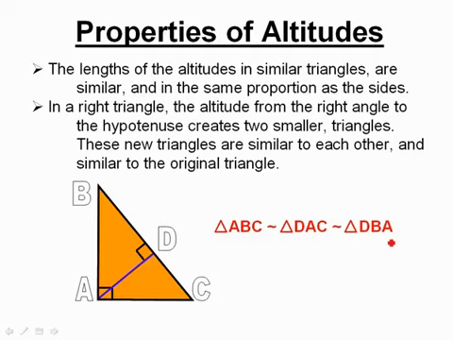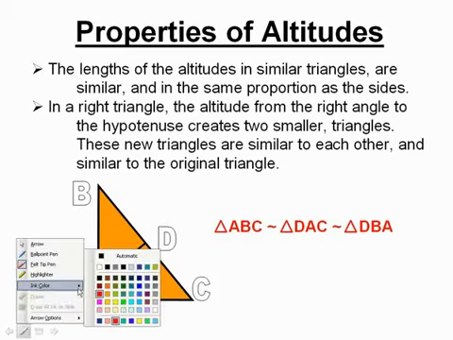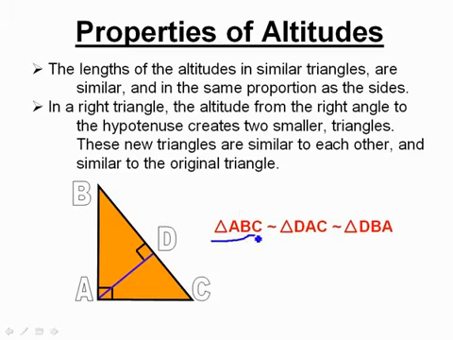Now, there's two things to note here. One is the order in which I'm labeling the sides in my triangles. They have to be done in a way that matches up. In this one, the one furthest on the left and the one furthest on the right, in the order that the letters are written, means that A is similar to D, because they're both first. B is similar to B, which makes sense, because they're both in the middle. And C is similar to A. That's how it's written.